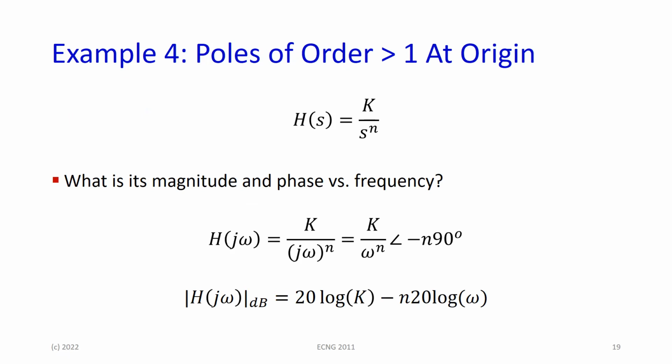A single pole has a gain that decreases at minus 20 decibels per decade. A single zero has a gain that increases at 20 dB per decade. All right.